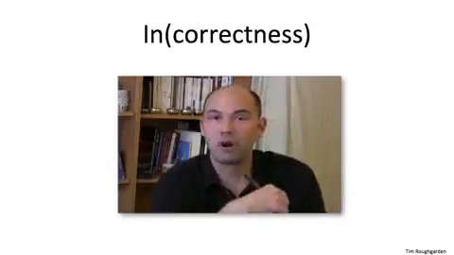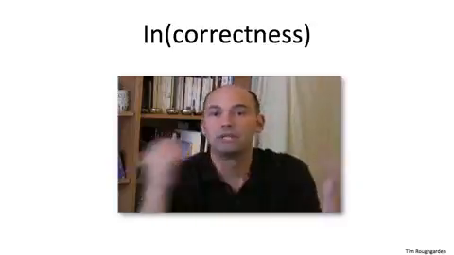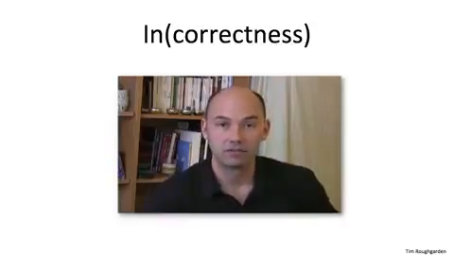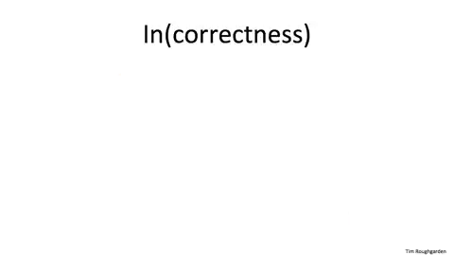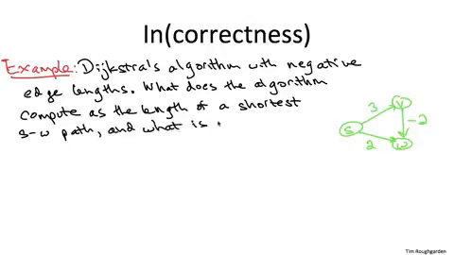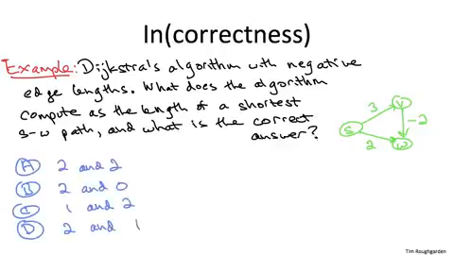And as we discussed in part 1, for many applications you only care about non-negative edge lengths, but there are applications where you do want negative edge lengths. So let's review on this quiz why Dijkstra's is actually incorrect, despite being so natural. It's incorrect when edges can have negative lengths. So I've drawn in green a very simple shortest path network with 3 edges, and I've annotated the edges with their lengths. You'll notice one of those edges does have a negative length, the edge from V to W, with length -2.